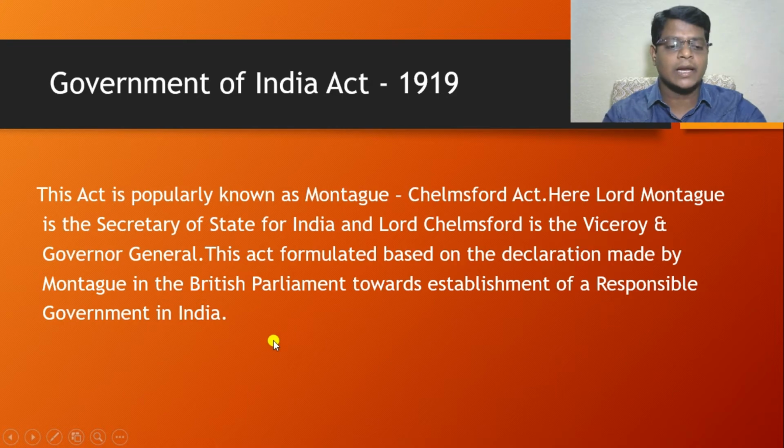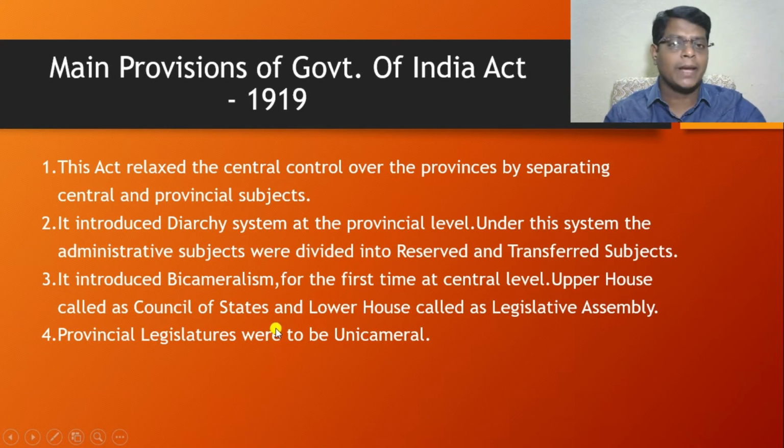Let us try to understand the main provisions of the Government of India Act 1919. This act relaxed the central control over the provinces by separating central and provincial subjects. Before this Act, there was no separation of provincial and central subjects; all administrative powers were enjoyed by the central government.